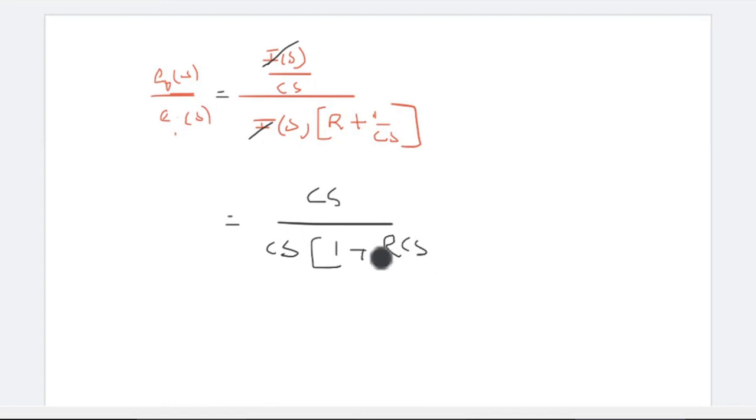Again, Cs and Cs get cancelled. So finally we are getting 1 by 1 plus RCs. Still any confusion now?